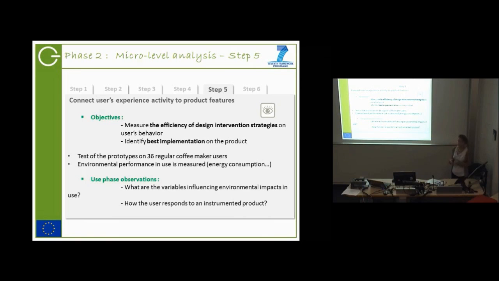We measured the environmental performance in use while they were making coffee, like energy consumption, water consumption, and also coffee consumption. We also made observations of the use phase in order to understand which variables influence environmental impact in use and how the users respond to an instrumented product.